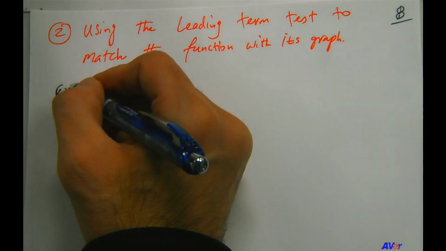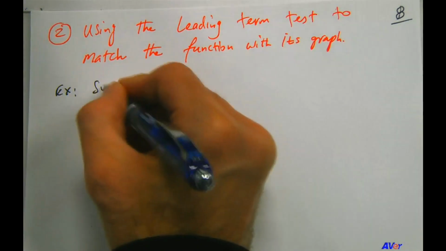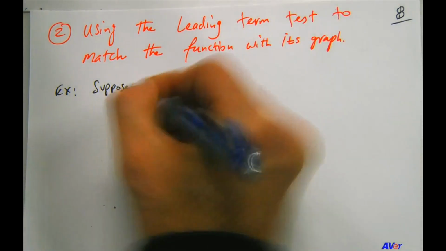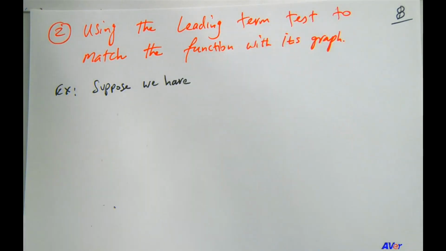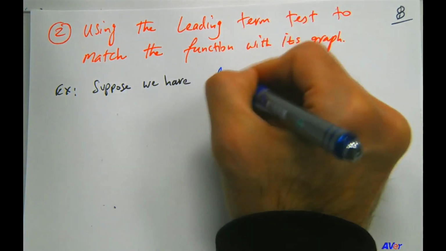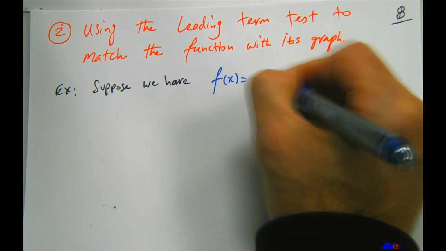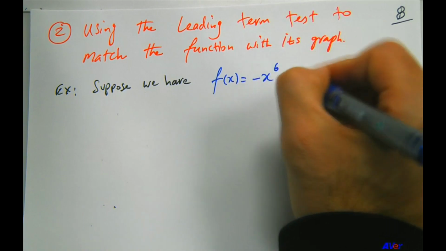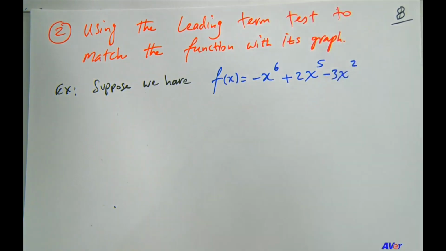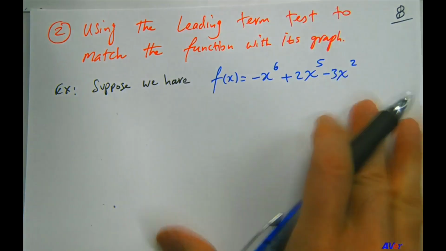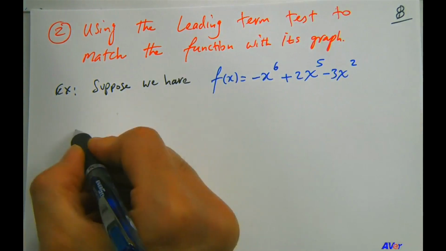So suppose we have this function, minus x to the 6th plus 2x to the 5th power minus 3x squared, right? And these are the 4 graphs that we're given.